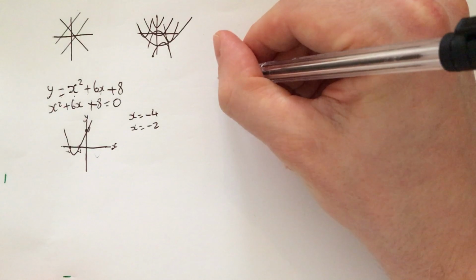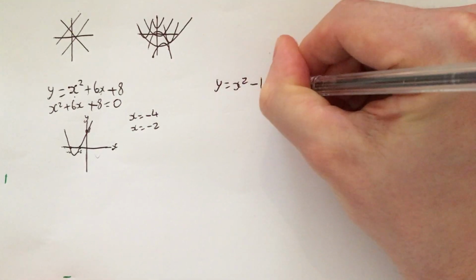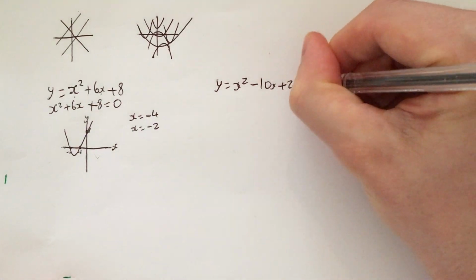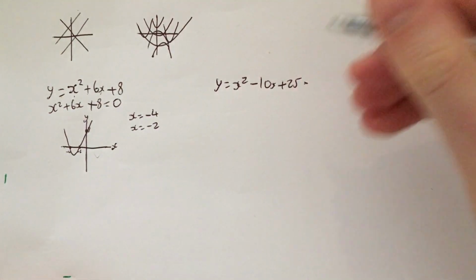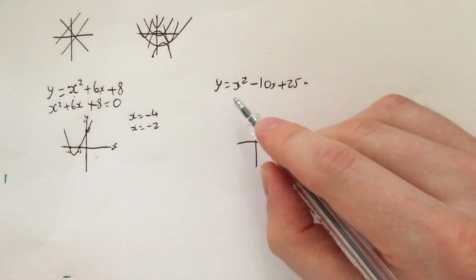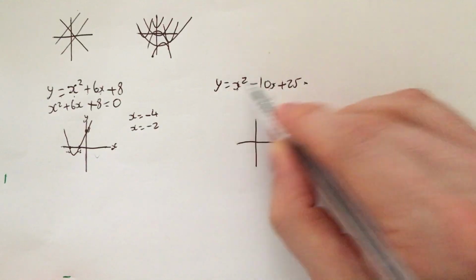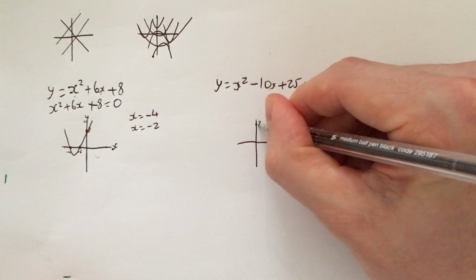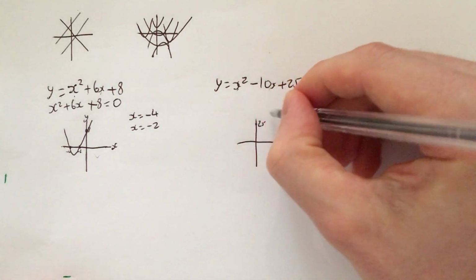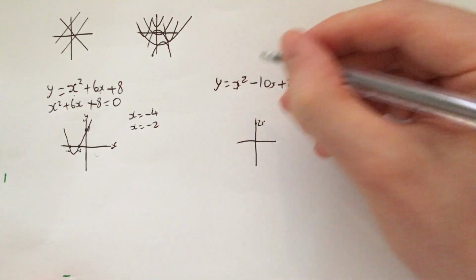Another example of a quadratic graph would be y equals x squared minus 10x plus 25. Firstly, I'd look at that and say, well, let me get the y. So when x equals 0, y is 25. So it'll be up there, 25. Then when I want to work out where it goes through the x-axis, I make y 0.